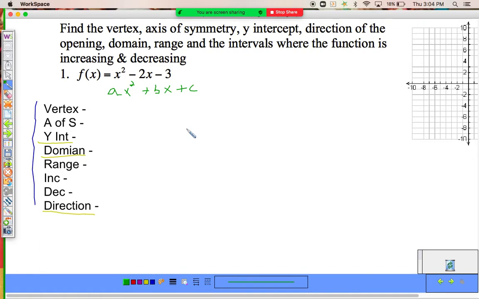Vertex, axis of symmetry, y-intercept, domain, range, increasing, decreasing, and direction. Before we even do any real math, or any tough math, I want the y-intercept, which is a simple thing to find, the domain and the direction.